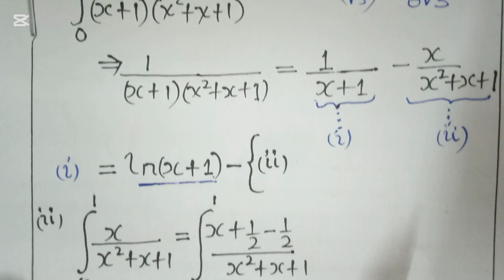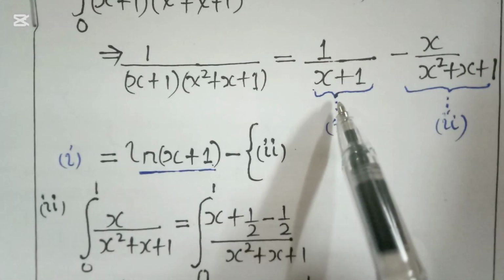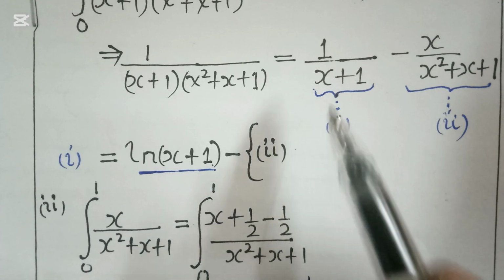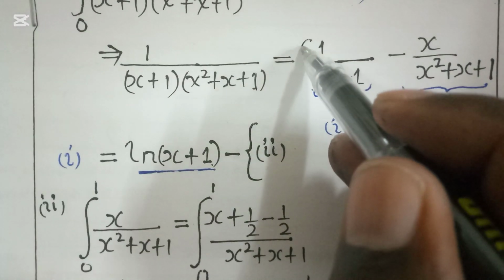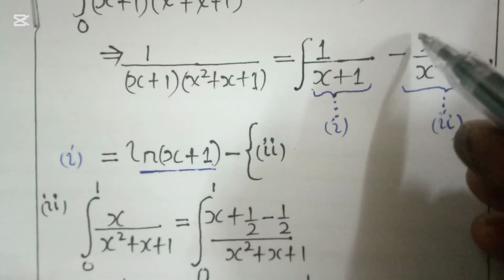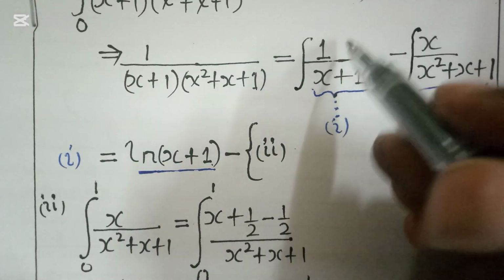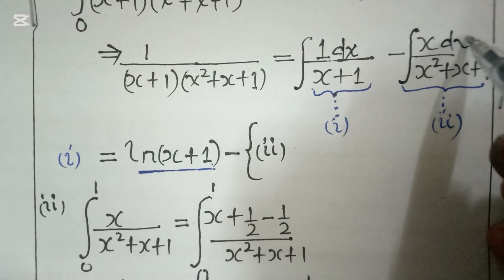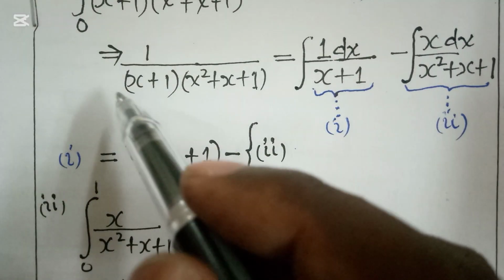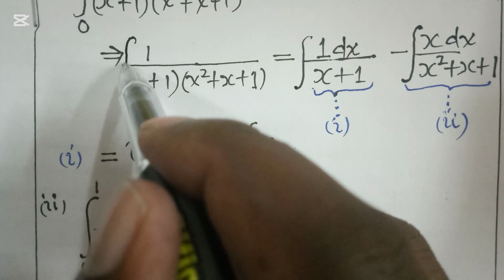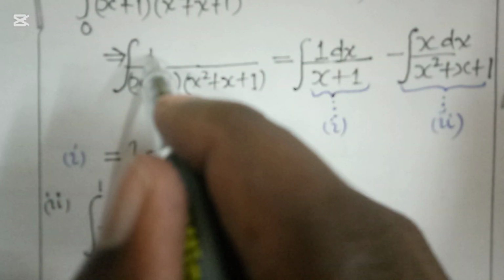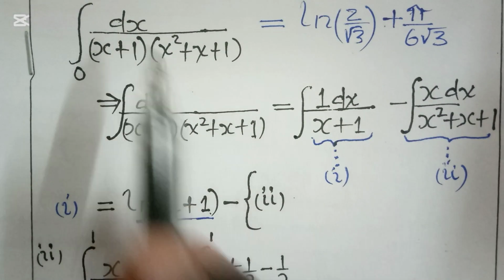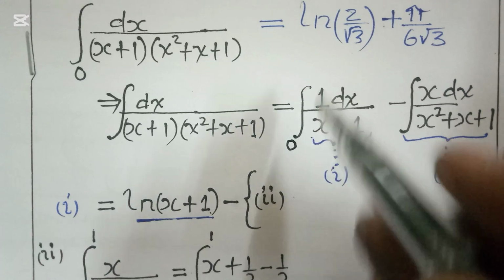Now guys, after that, we have this expression which is very simple to integrate. We integrate both parts with respect to dx, and that is the same as integrating the original expression, because this is the question we are given, from 0 to 1.